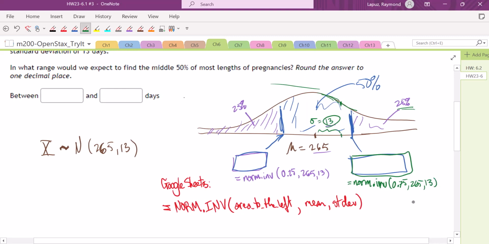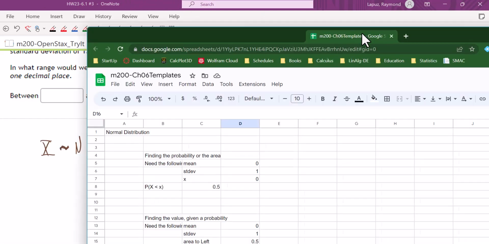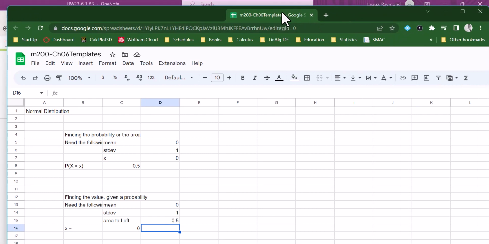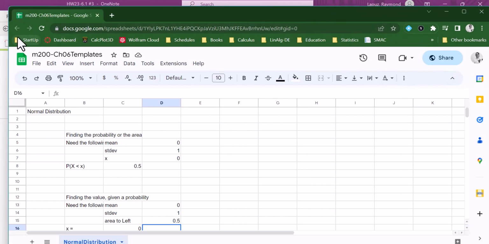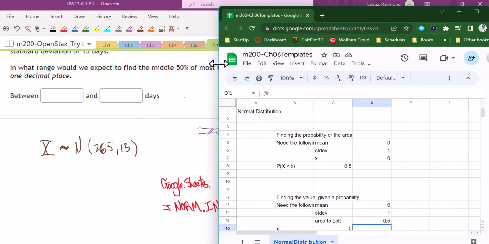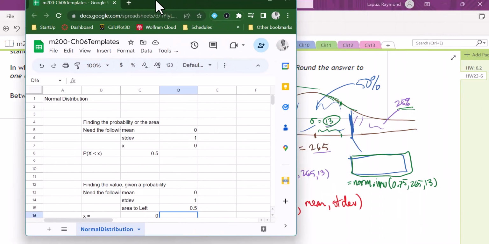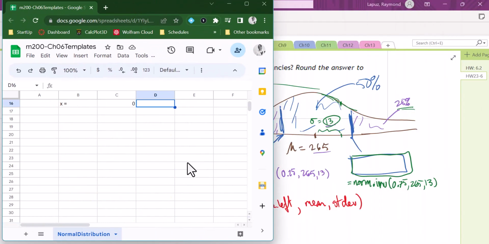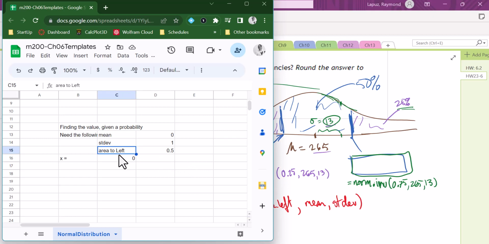All right, let's go ahead and pull out our Google Sheets and put in some of these values. I have this typed up already. This is norm.inv.